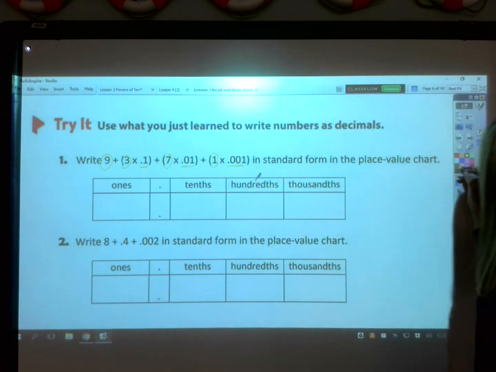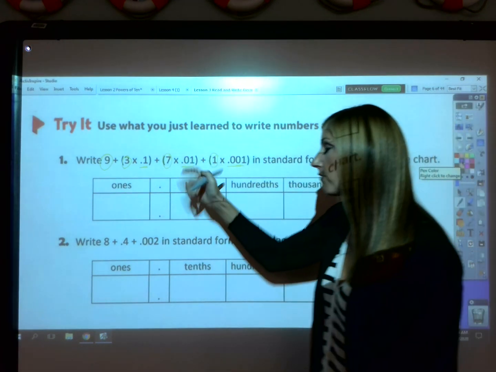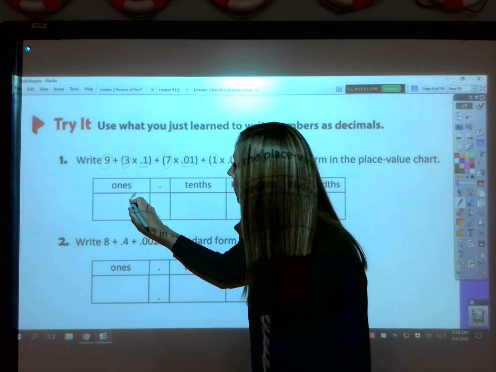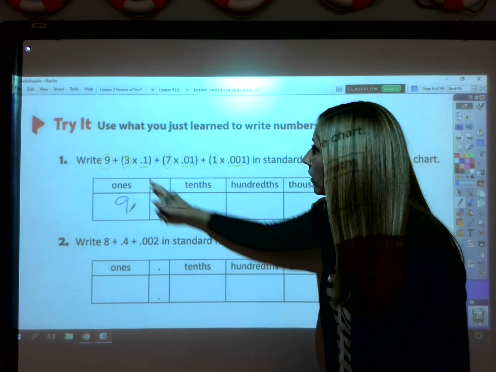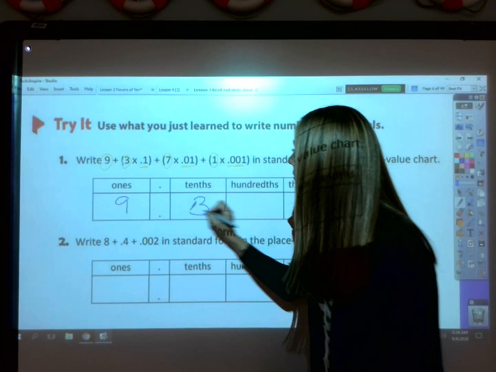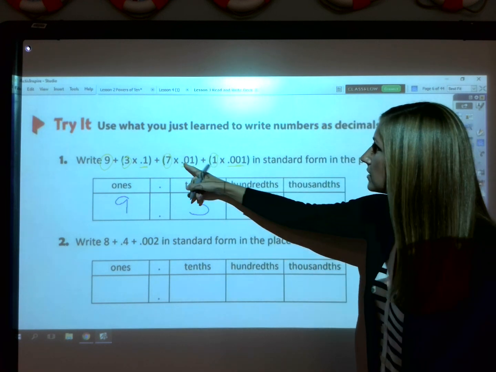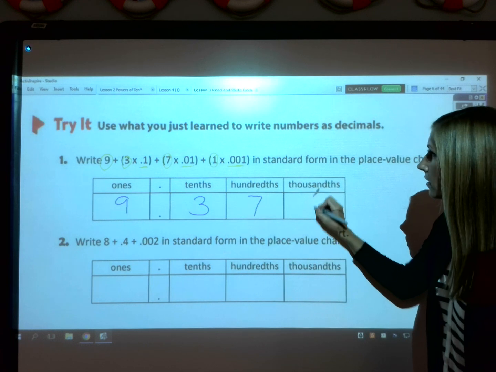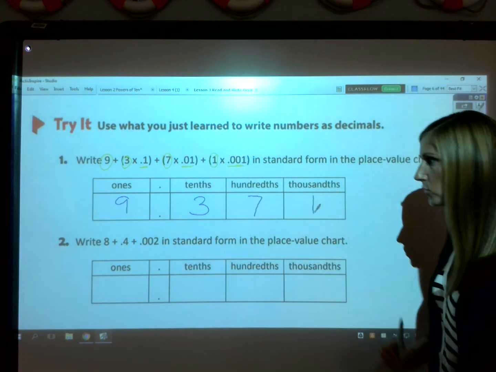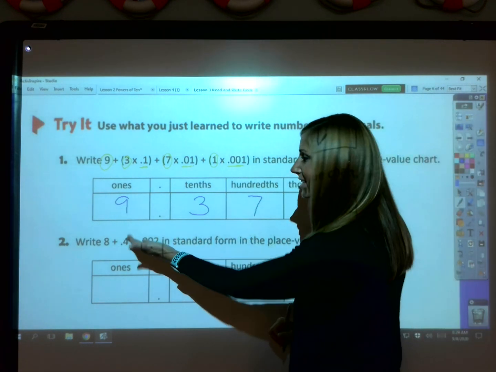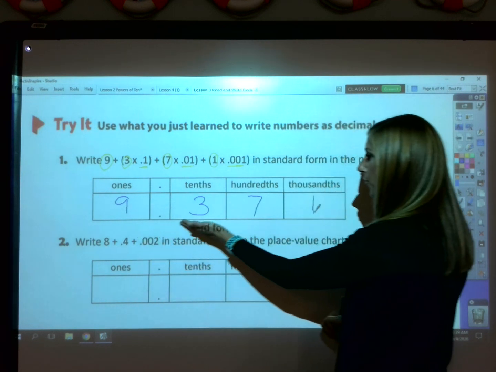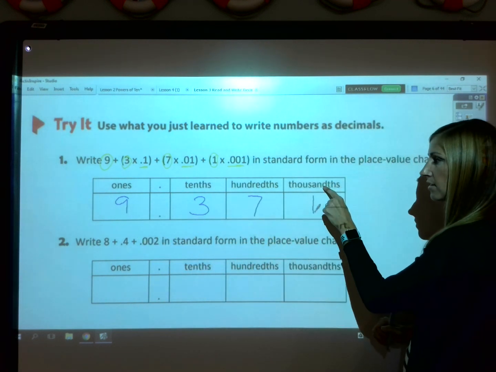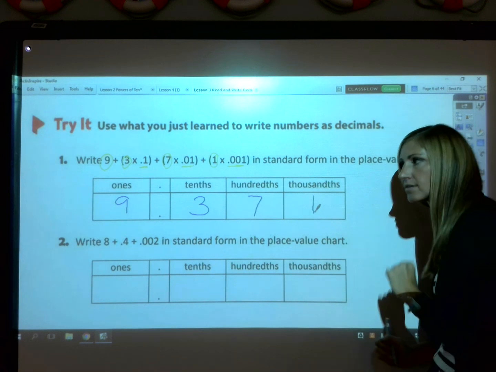So we're going to put this in standard form based off of what it's telling us. We have a 9 in the ones. We have a 3 in the tenths. We have a 7 in the hundreds and a 1 in the thousands. So what's this number? 9 and 371 thousandths.